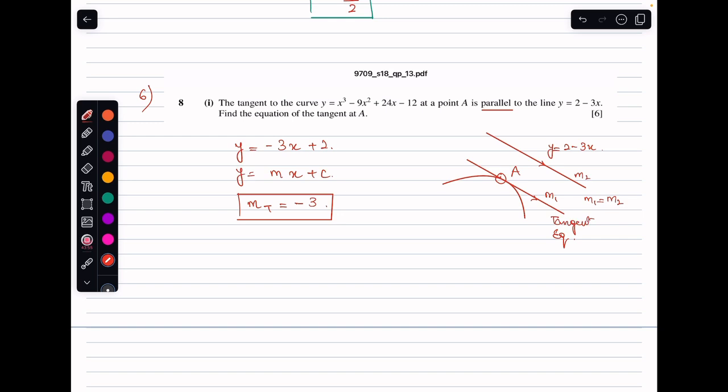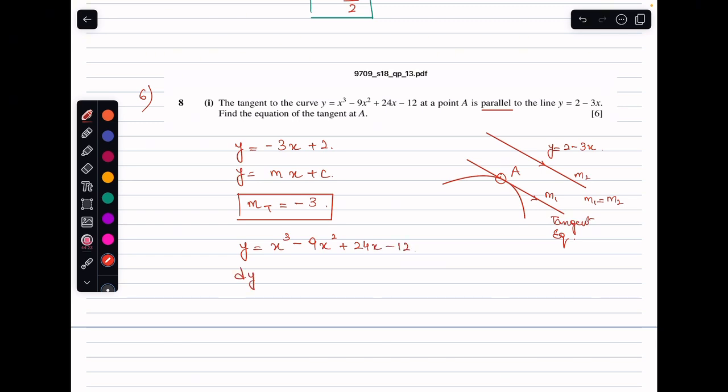How to do that? This tangent that we are talking about is at point A, which lies on the curve also. And we know that the gradient of the curve and the tangent should be the same at point A. So taking help from the curve equation that I have, which is x cubed minus 9x squared plus 24x minus 12, I can get the gradient equation.